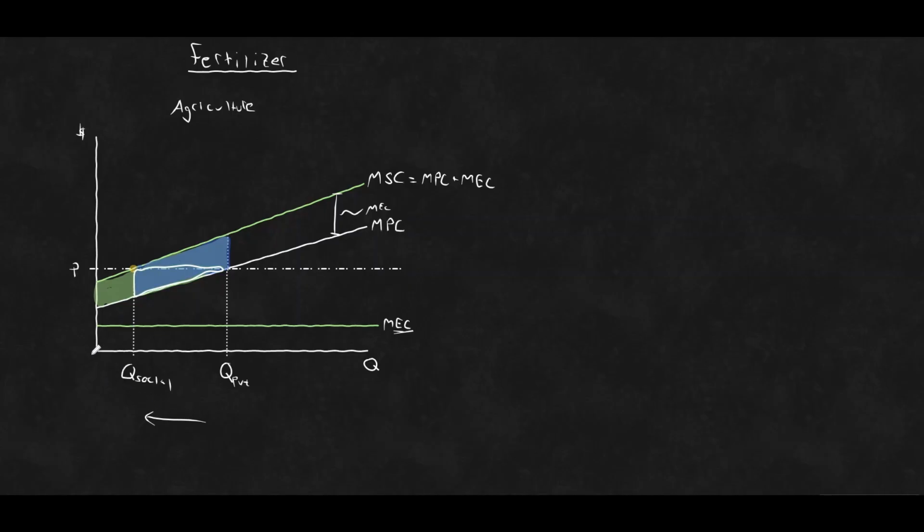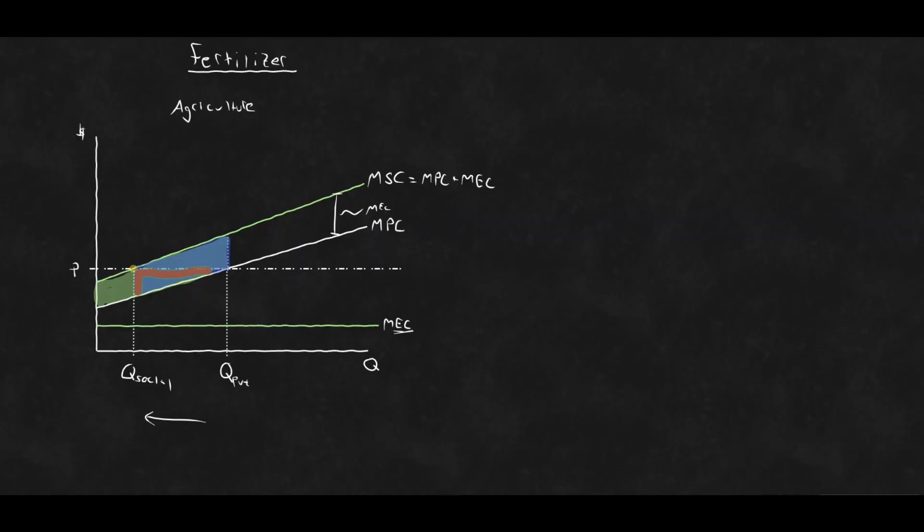They're giving up all of this area, and that's a cost for them. That's their reduction in surplus. So if we were to say we would rather have less agriculture, less fertilizer used, society gains that entire trapezoid. However, the producers lose part of their producer surplus, which would be this area.